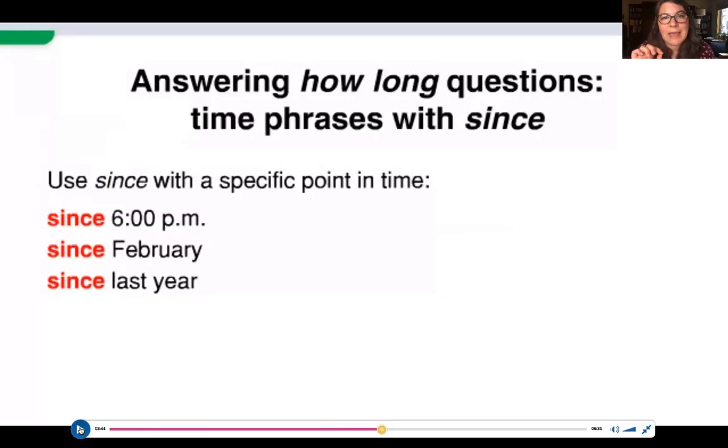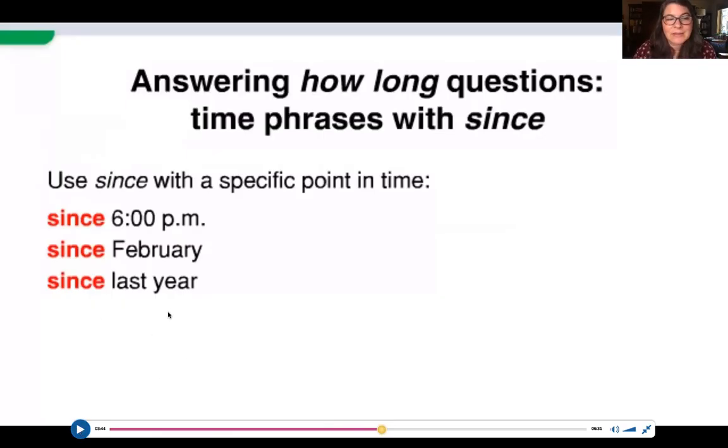Okay, or 2010, whatever. Or you can say since noon, or since this morning, or since I was born, okay? You don't know how long the time is, but it's a point in the past, okay? A point in the past until now.